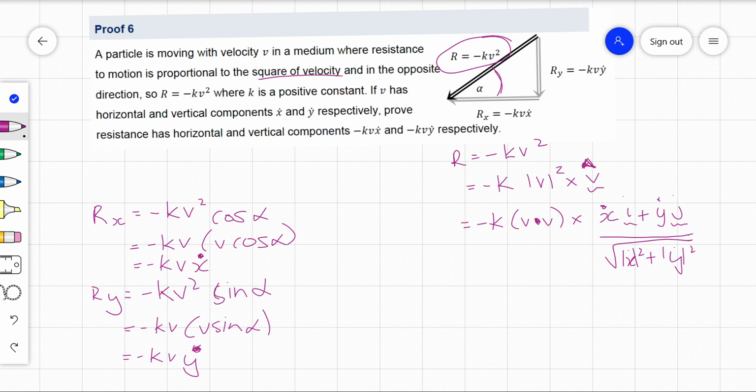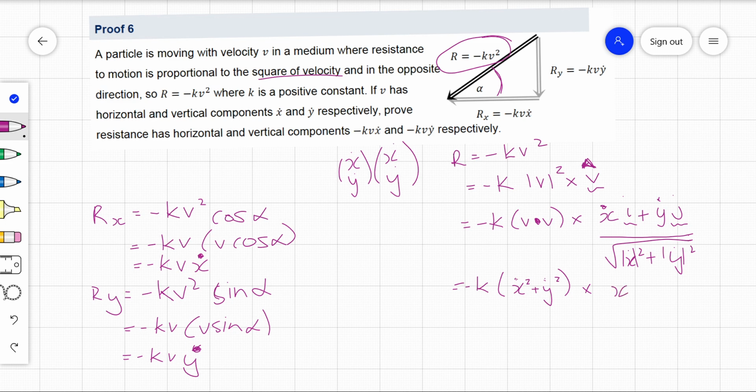There we go. So here we've got negative k v dot v. Now if you think of the velocity vector in that form, then v dot v would be x dot squared plus y dot squared, and we are still timesing it by the unit vector here.